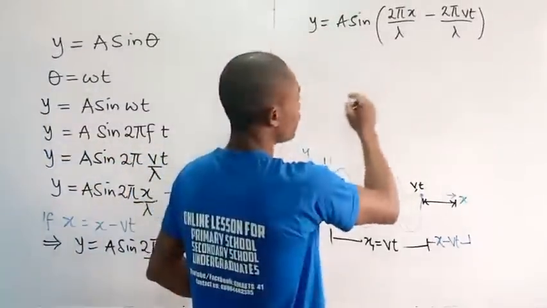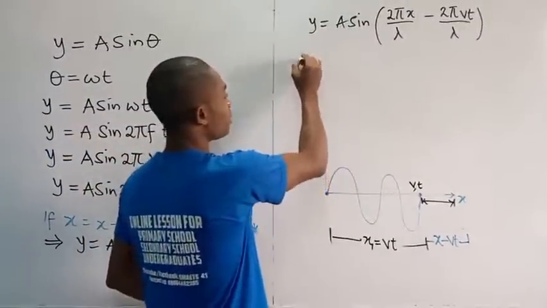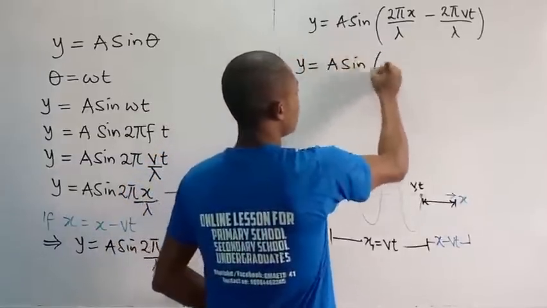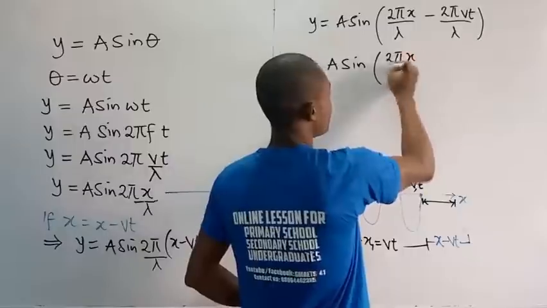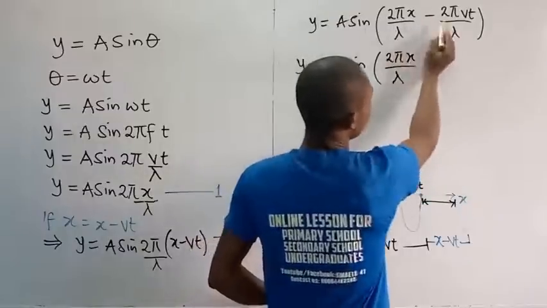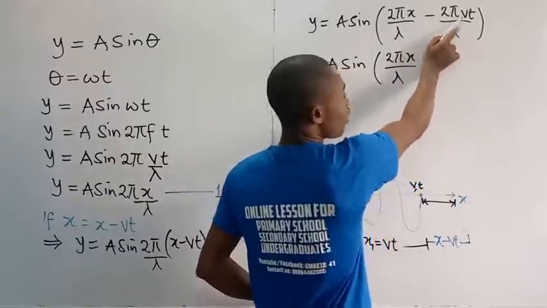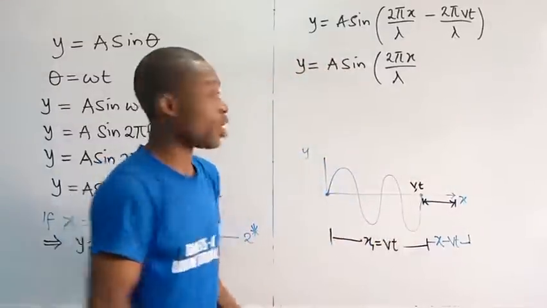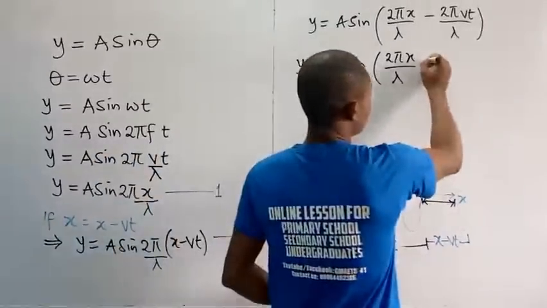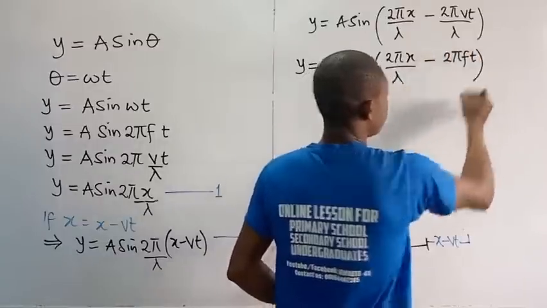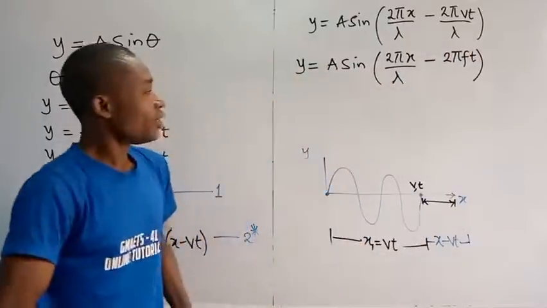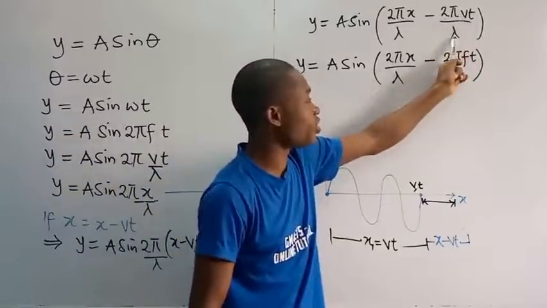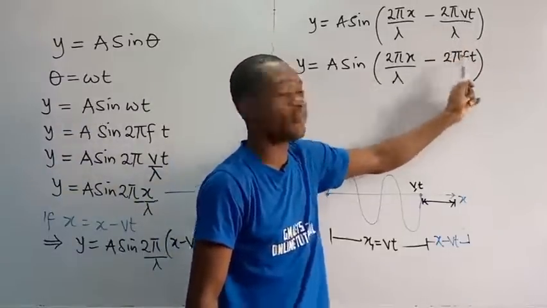So in place of that V over lambda, I'm going to fix frequency so that the progressive wave equation takes this form. Right, 2 pi x divided by wavelength, and then this is going to be 2 pi, in place of speed over wavelength, I'm going to fix frequency of the wave. Now you notice that I have replaced V over lambda wavelength by the frequency of the wave.